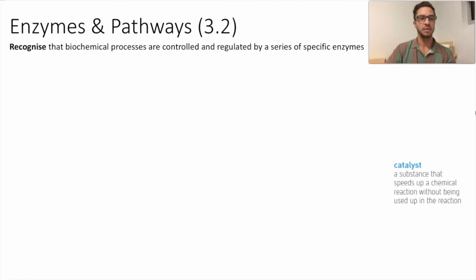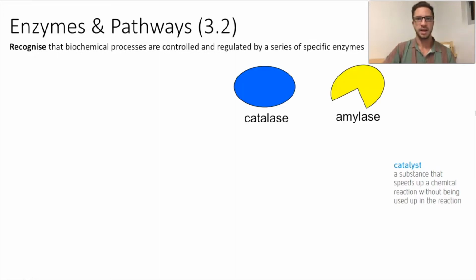So enzymes act as biological catalysts, as in they occur within our body, within our cells. Enzymes are proteins. We have two examples here, catalase and amylase. And they are molecules that are folded into a specific shape for a specific function. To help you remember enzymes, they often end in ase.